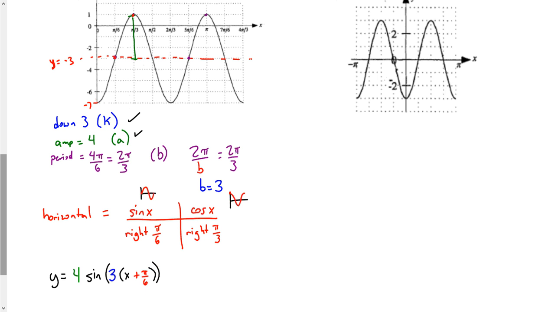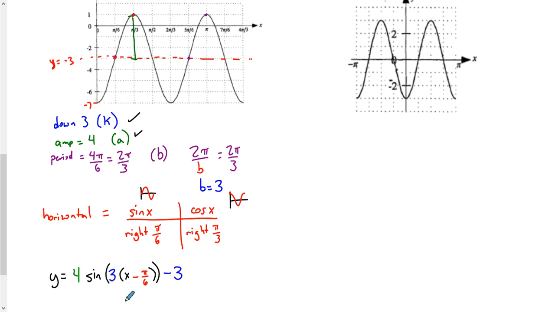Because the opposite on the inside means it has to be subtracting pi over 6. And last but not least, because it's moved down 3, we're going to write subtract 3.